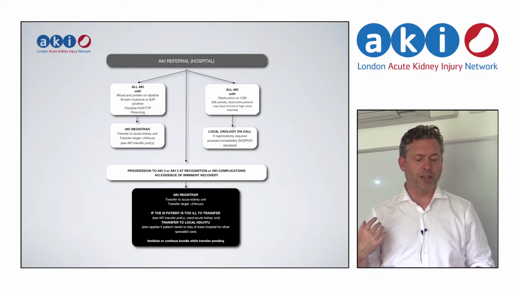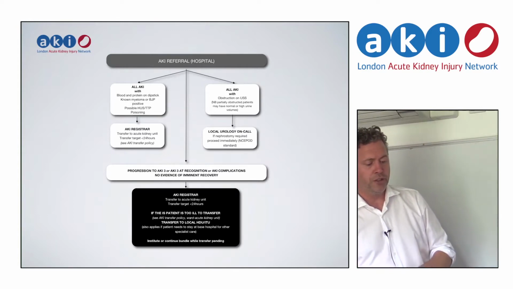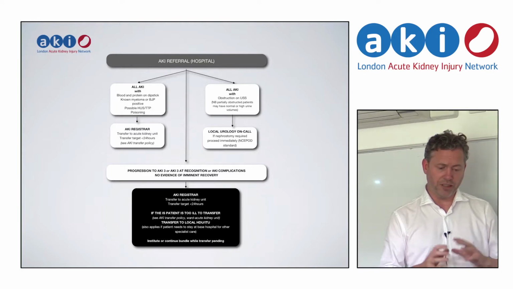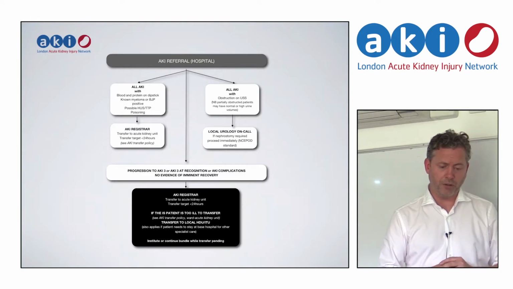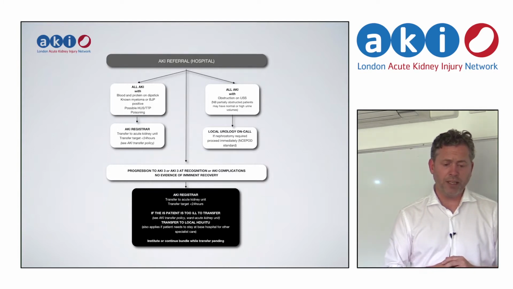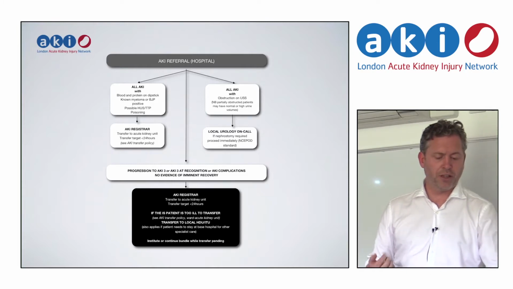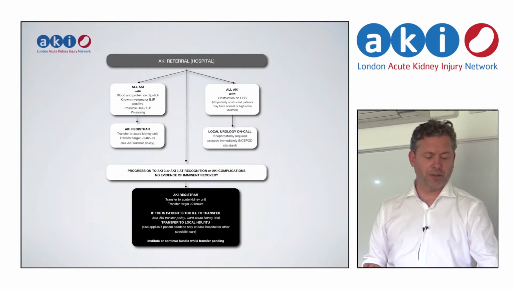Similarly, patients who progress to AKI stage 3 should be discussed with nephrology services. I would say that's outside of the ITU, patients with multi-organ failure. And clearly, if the cause of AKI has not been established, that's another reason under NICE guidance to get specialist advice.